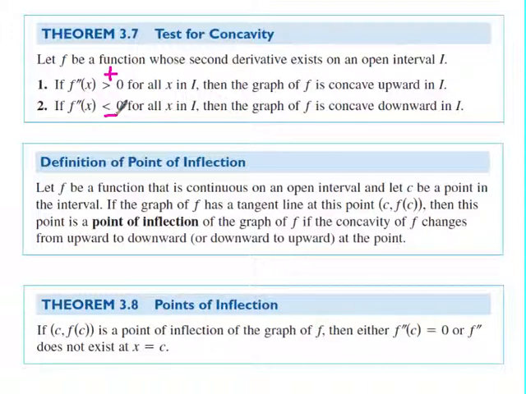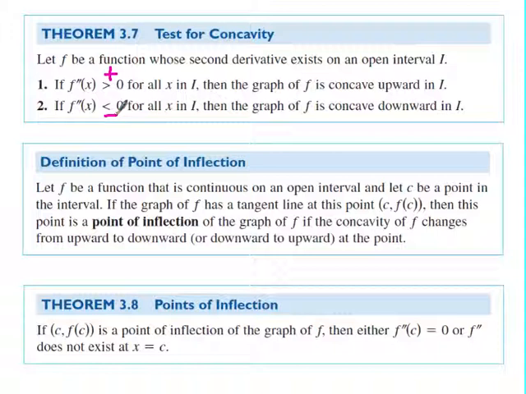If it's concave down to concave up, it's a point of inflection. So basically, Theorem 3.8 states if (c, f(c)) is a point of inflection, then either the second derivative equals 0 or the second derivative does not exist, so it would be undefined.